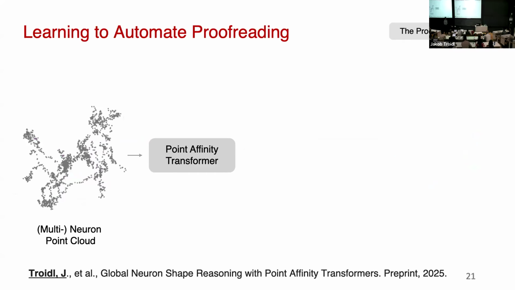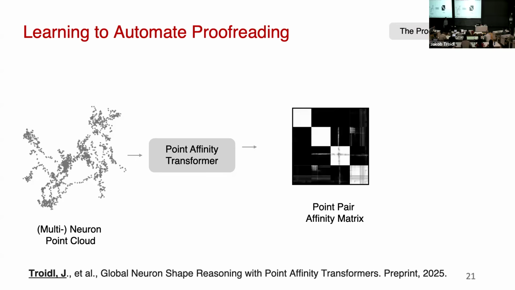Okay, so how do we train this algorithm? I've told you earlier that we deployed this interactive proofreading system where humans edit connectomes. So from these edits, we have a lot of ground truth data from humans that we can use to train our models. We ask our model to predict these affinity matrices.